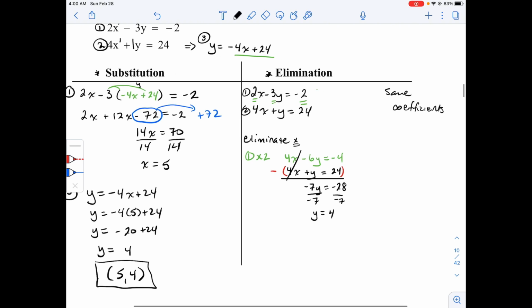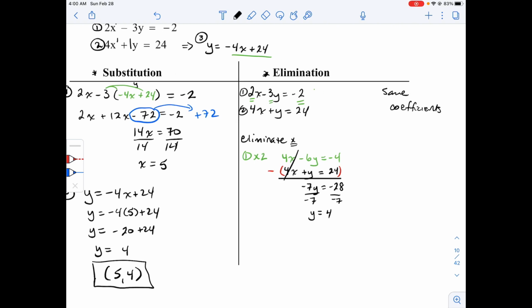And then what we could do is we could go back and we could substitute that y equals 4 into either equation. So I could take the second equation, for example. And if y is 4, then we know that 4x plus 4 is equal to 24, right? Because we had 4x plus y is 24.